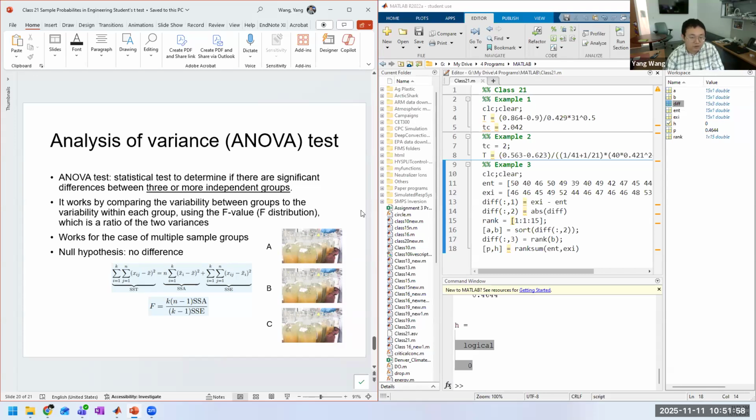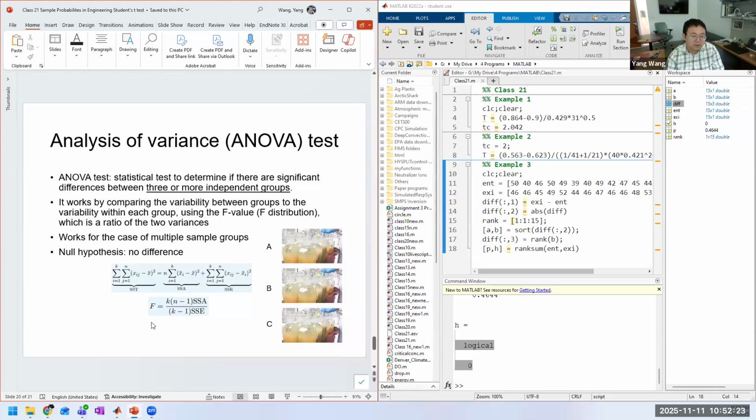You could have 20 students doing the same experiment, but because different people understand the protocol differently, the results may be statistically different from each other. Under that situation, we could use the ANOVA test to see if they indeed agree with each other, whether they're statistically different.